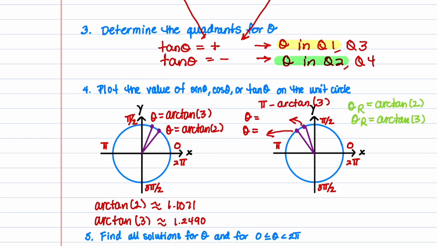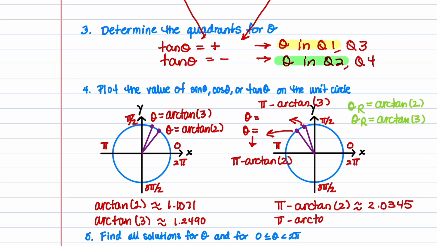And for this solution, theta is going to be pi minus arctan of 2. We'll write down here that pi minus arctan of 2 is approximately 2.0345, and then pi minus arctan of 3 is approximately 1.8926.